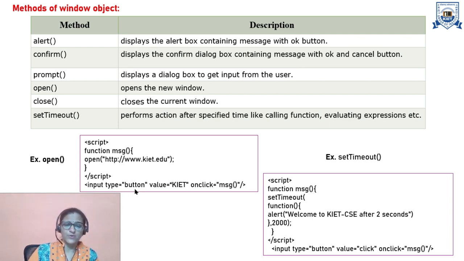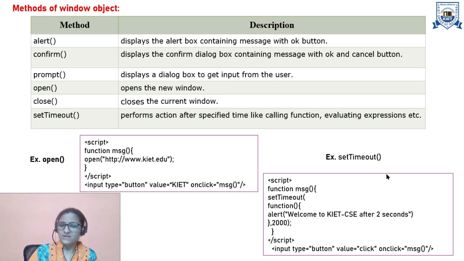We have given input type equal to button, with the text Kite on the button, and onclick, as soon as we perform this event, the msg function will be called, and this website kite.edu will get opened in the browser.